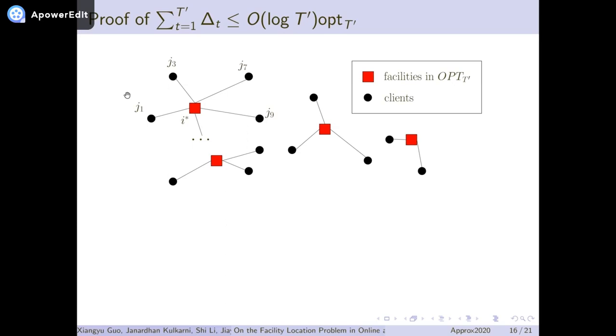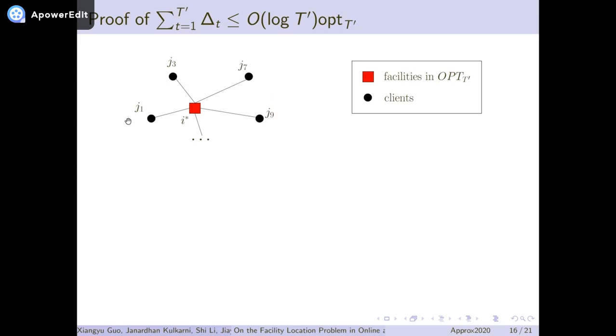Let's say this is an illustration of the connection in the optimal solution at time step t prime. We call an open facility with all of its connected clients a star. For example, this is called star I. This is another star. These two are stars too. Now let's focus on one star.